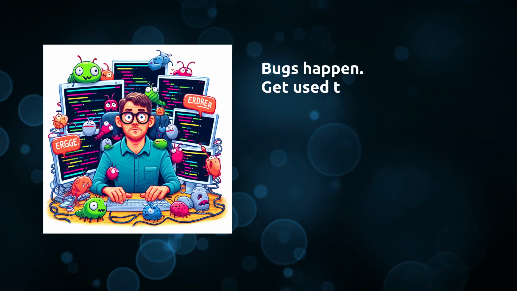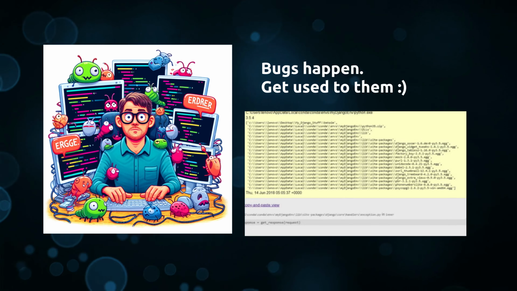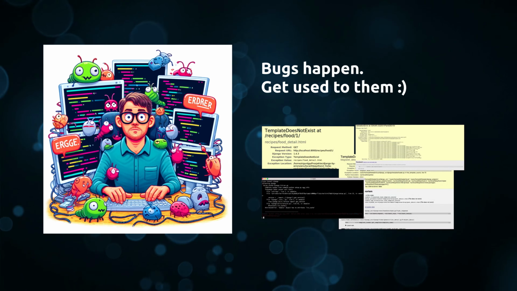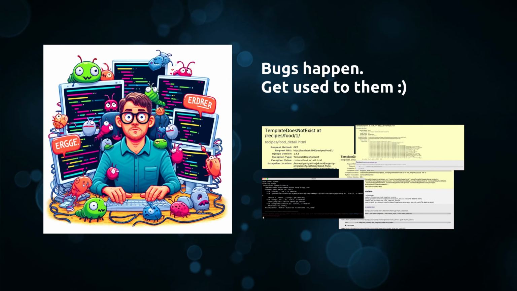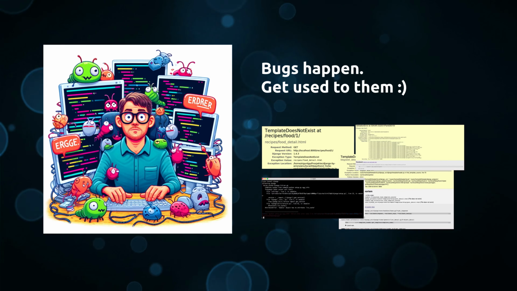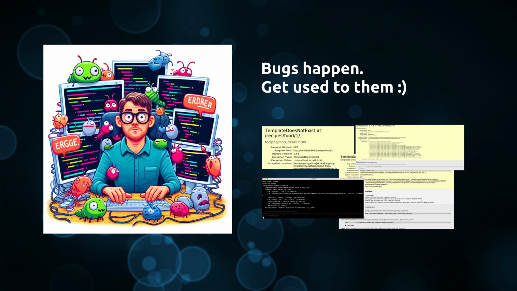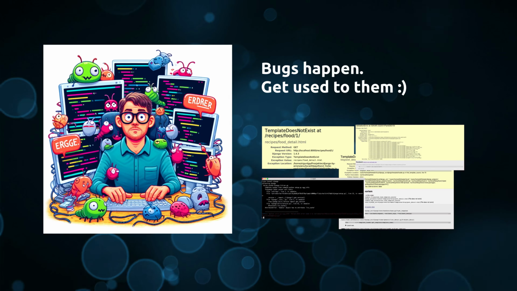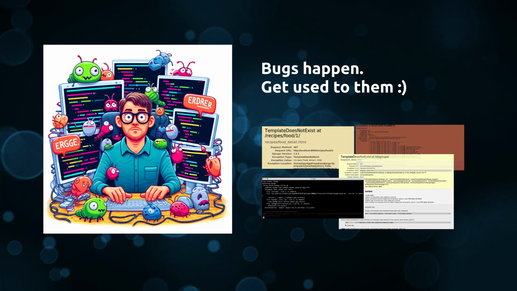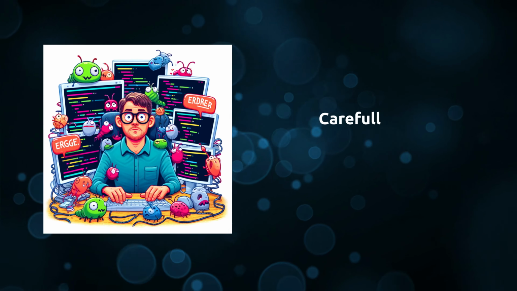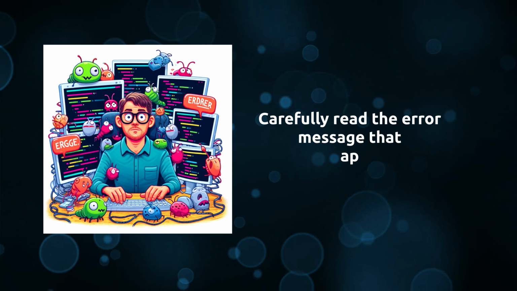Whether it is when installing the development environment or implementing the solutions we will discuss here, etc. In such a case, the first thing best to do, and this is a small piece of advice for beginner programmers, is to carefully read the error message that appears.